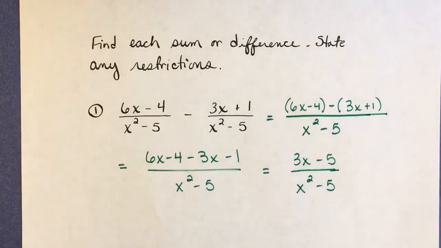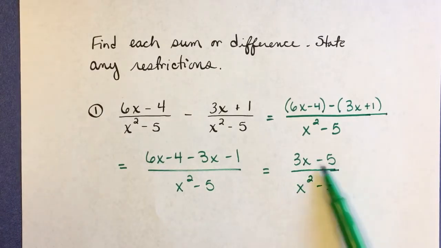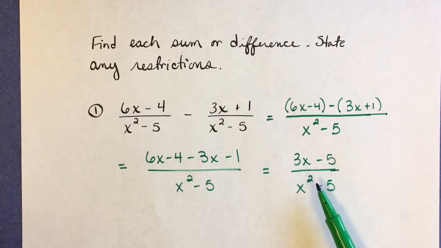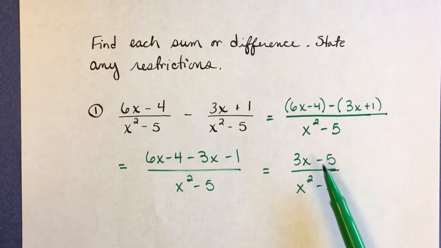Okay. Now, if you could simplify at this point, then you would, but there's not any simplifying that you can do. Now, simplifying is what we learned how to do in the previous section in 8.4. So like if you could factor some stuff here and then cancel top and bottom, then that's what you would do.